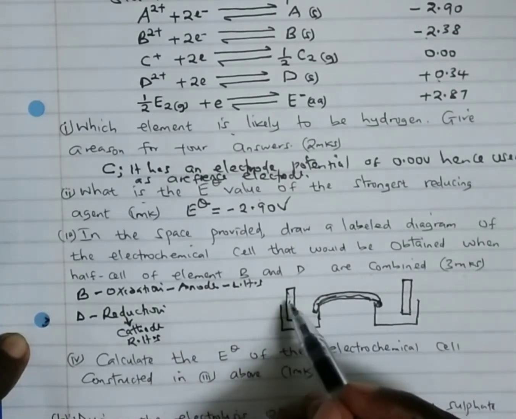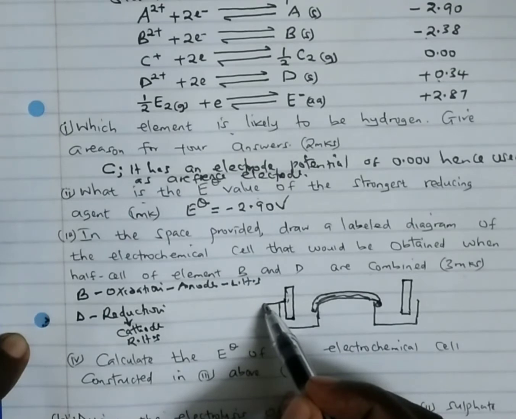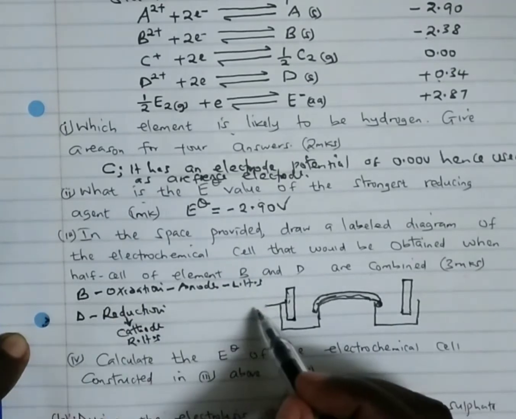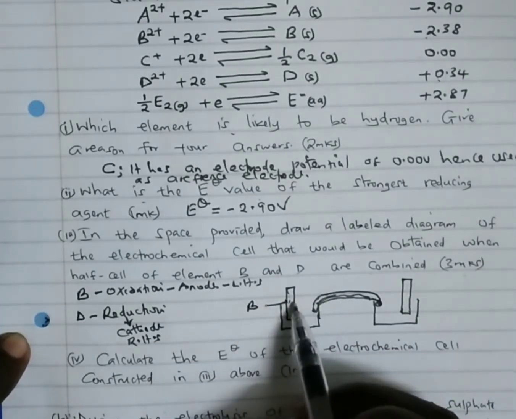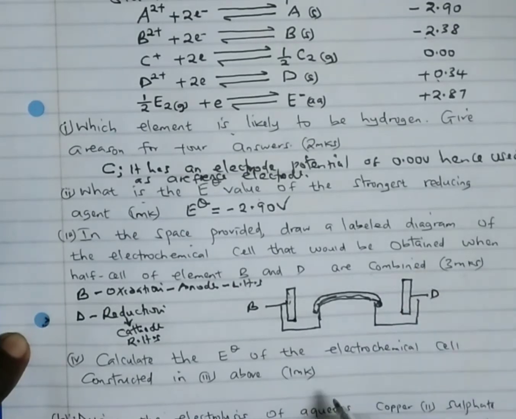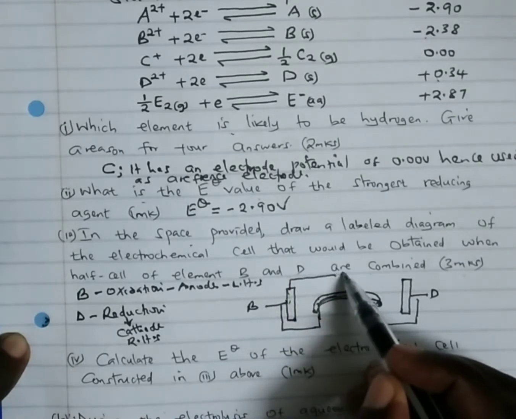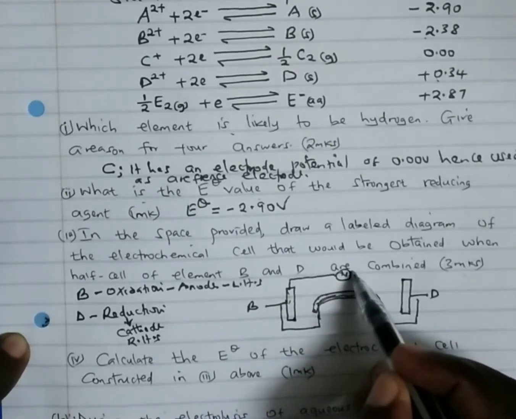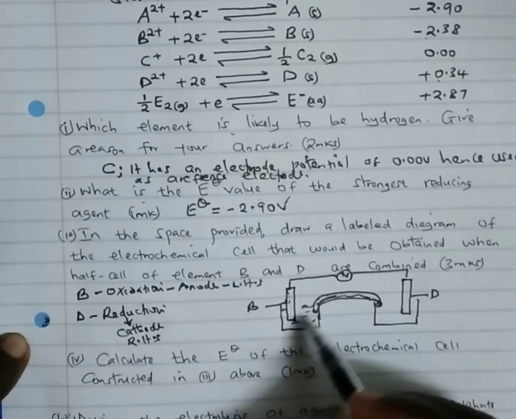This is the left hand side where we have an electrode of the element undergoing oxidation, and therefore it is element B, meaning this is electrode B and this one is going to be electrode D. The two electrodes are connected through the voltmeter. Then of course we have the two solutions.